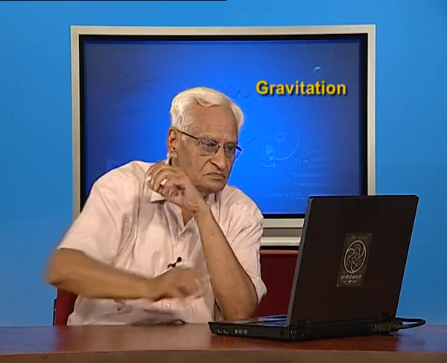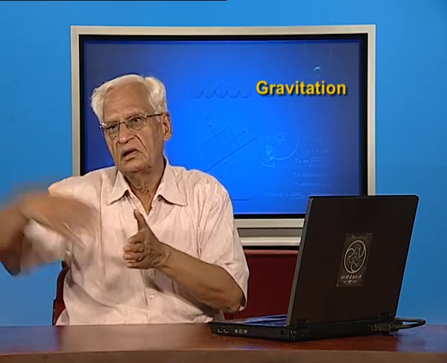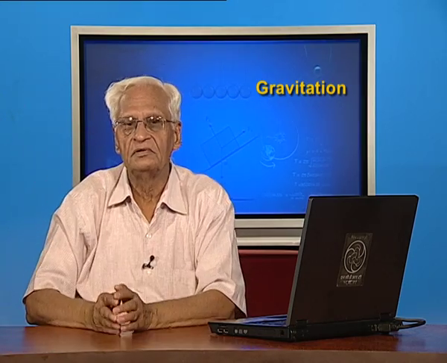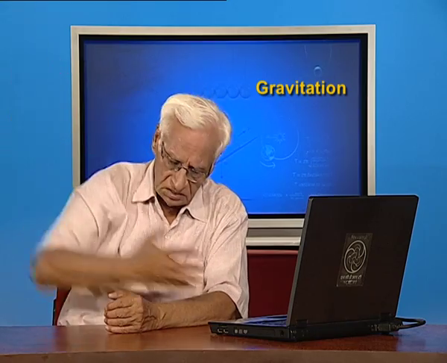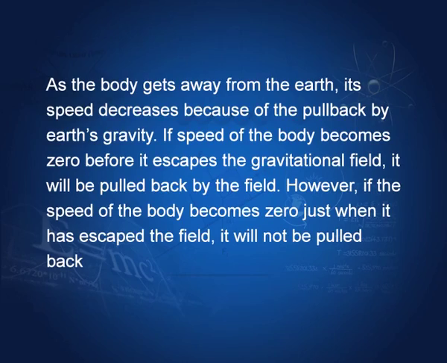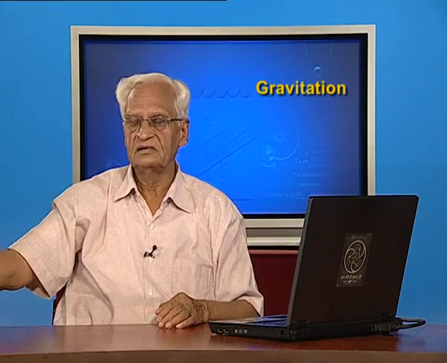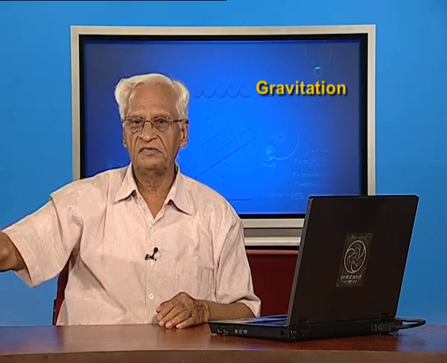So, if at a finite distance from the earth where the gravitational field is still active, the speed becomes 0, the particle will be pulled back. However, if the speed of the body becomes 0 just when it escapes the field, it will not be pulled back. Suppose this is the boundary of the earth's field, beyond which the earth's field does not act.